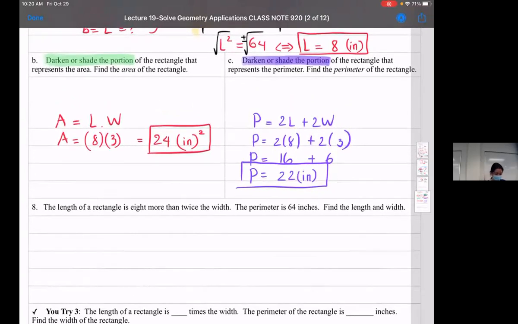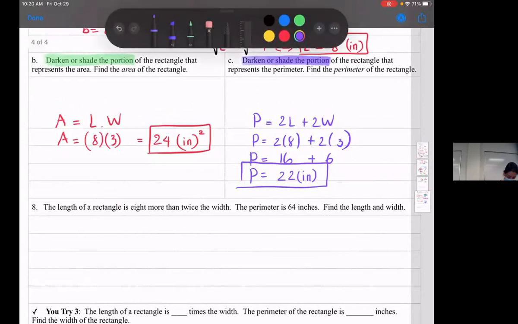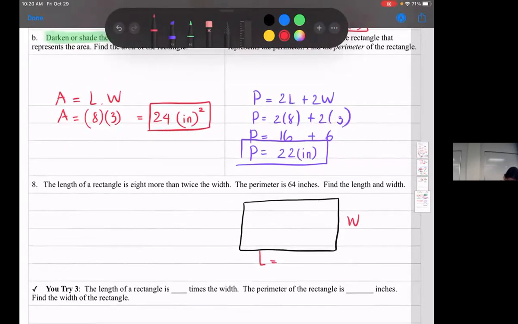Let me do 8 real quick. Again, a rectangle, so I'm going to draw it out. The length of a rectangle is 8 more than twice the width. So if I call W the width, then the length equals what? The length is 8 more than twice the width.